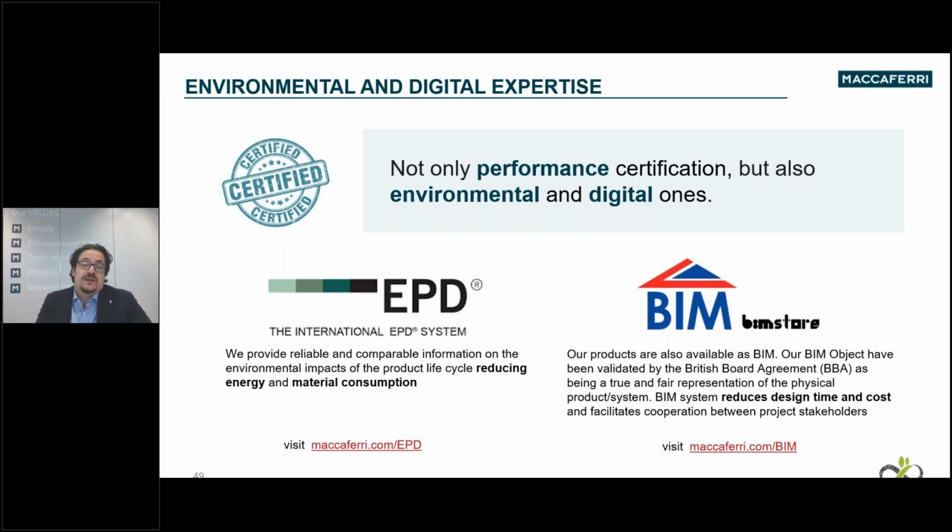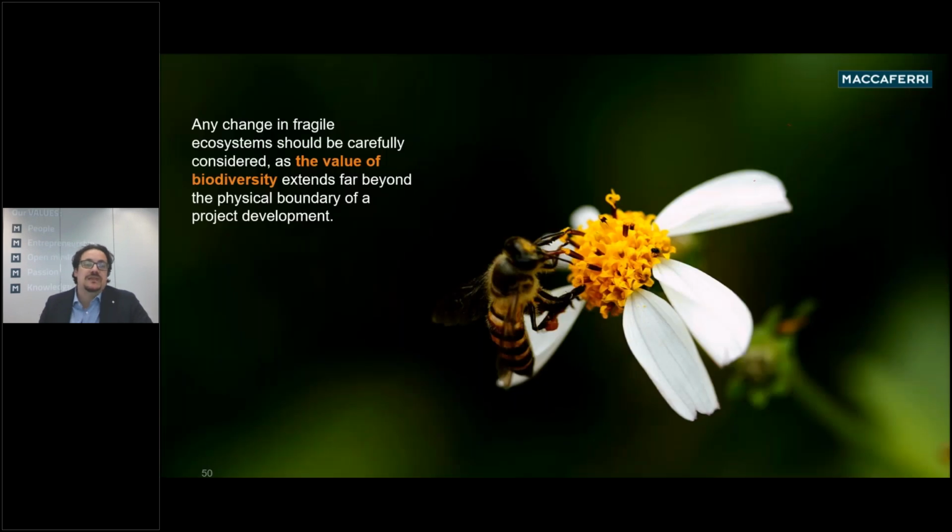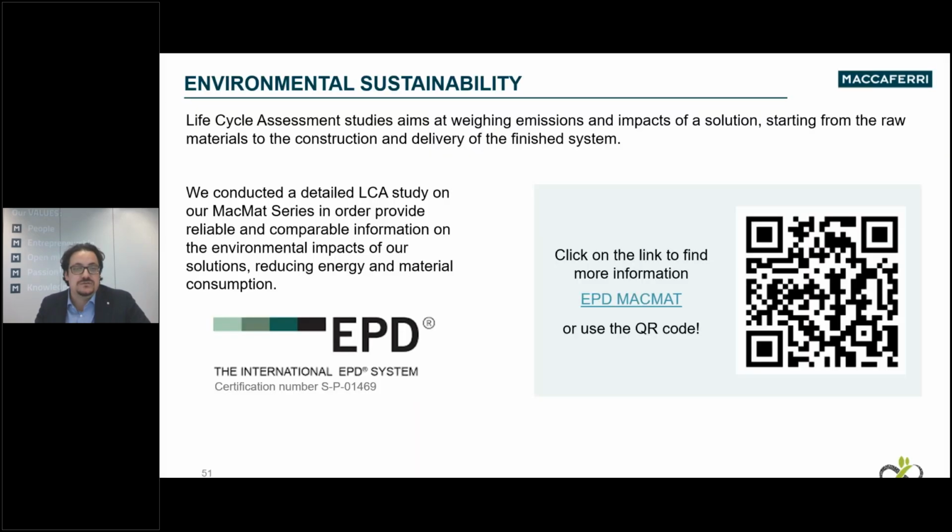So we prepare also a complete library of our product as a BIM object that you can easily download from the BIM store. And in the BIM store, you don't only have a library, but you have a library certified by the BBA certificate.